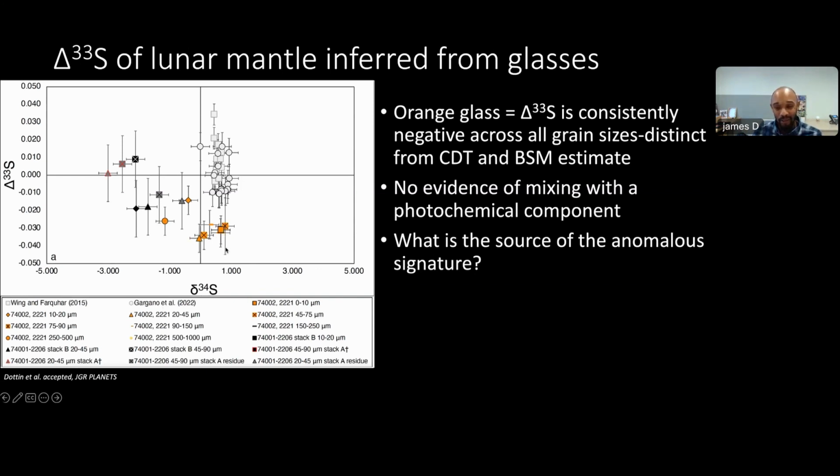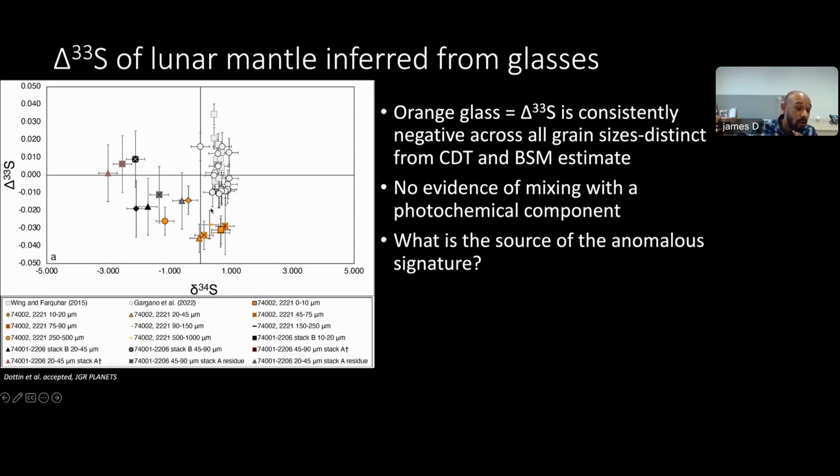So what this indicates is that we do have two different components associated with the orange glass beads. One that is more fractionated in delta 34S, associated with the smallest grain sizes, than the delta 34S composition of the largest grain sizes.